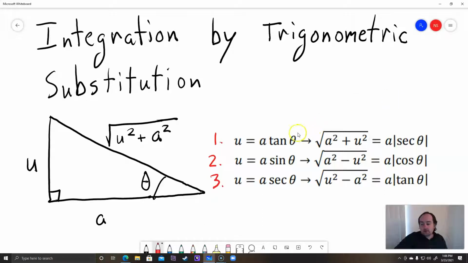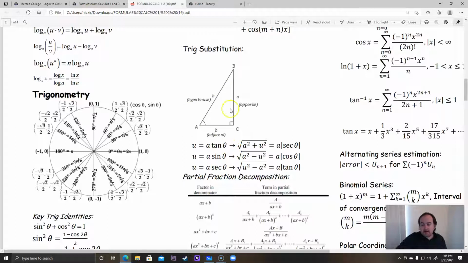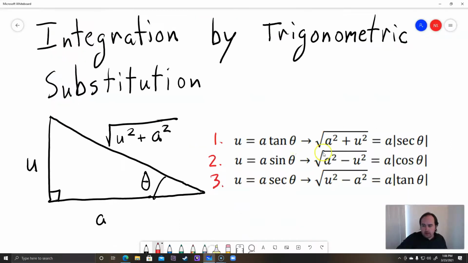And these are actually in your formula sheet, the same formula sheet that I always refer to in my videos. If you go to there on the second page, you're going to see in the middle of the second page it says Trig Substitution, and they've got a triangle drawn there. It's a right triangle, and then they have this information here that I have on my whiteboard.